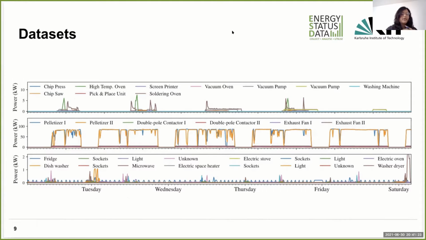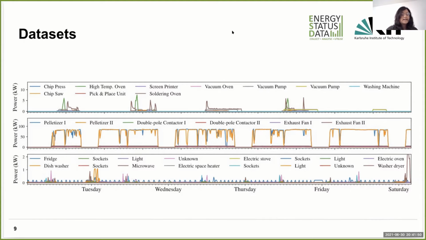Here, whatever we discussed in the previous slide, we can see in the dataset diagram. The first is HYPE data, the second one is IMDELE data, and the third one is REDD data. As we have already discussed, the order of magnitude is small in HYPE data and large in IMDELE data.